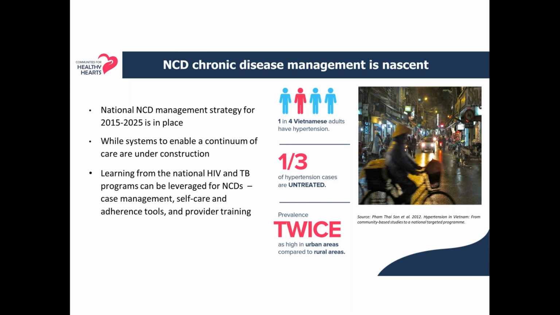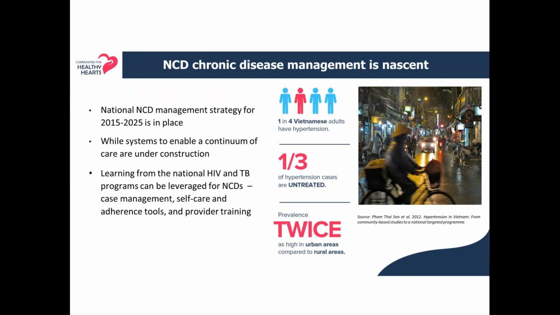And like in other locations, in Vietnam there's a strong history of working in HIV and TB. These programs provide learning and opportunities around case management, which Evan touched on, self-care approaches, adherence tools, and different ways of offering integrated training to providers.